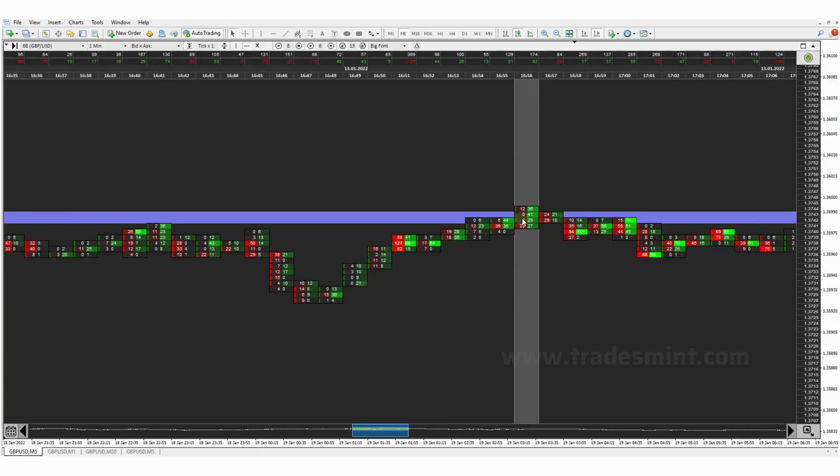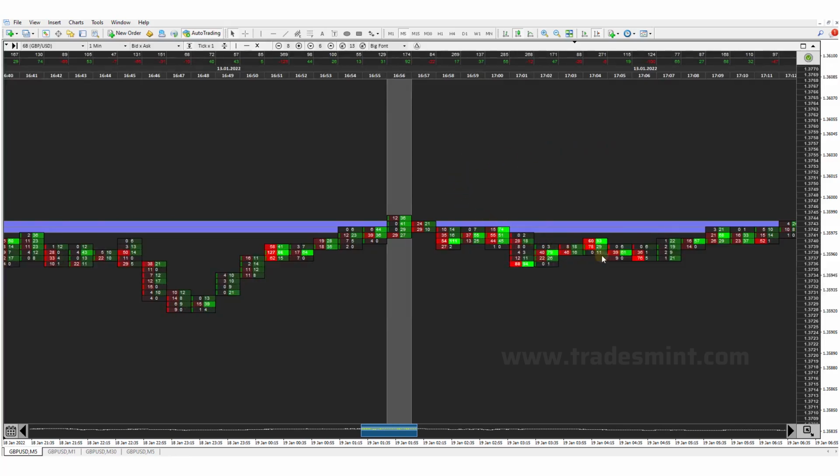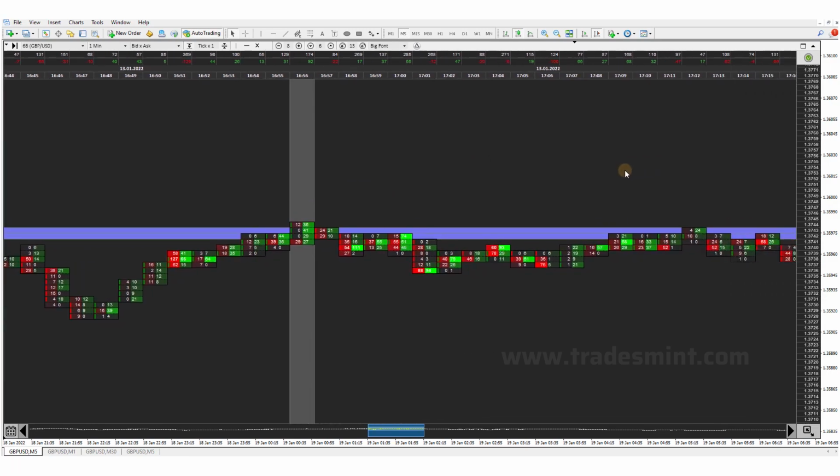So what I'm looking for is to see 2 times lower volume than appeared on the imbalance candle. Yes, here we have 174. So I'm waiting for a retest, when price comes back, to get a safer entry, and I'm looking at the volume.